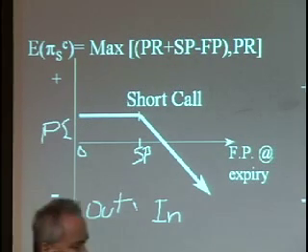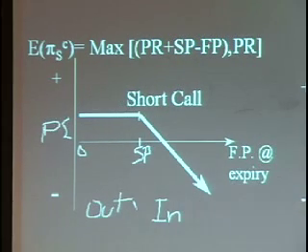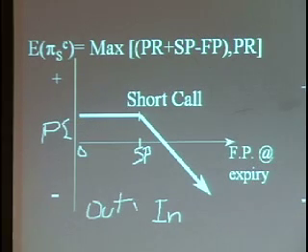You're selling a call, so you hope the prices don't rise, right? Because the buyers of the call, they want the price to go up. You don't want it to go up. When you sell a call, the expected profit is the maximum of either the premium plus the strike minus the futures. And you can see that that can become negative if the futures rises high because the premium is constant, the strike is constant.